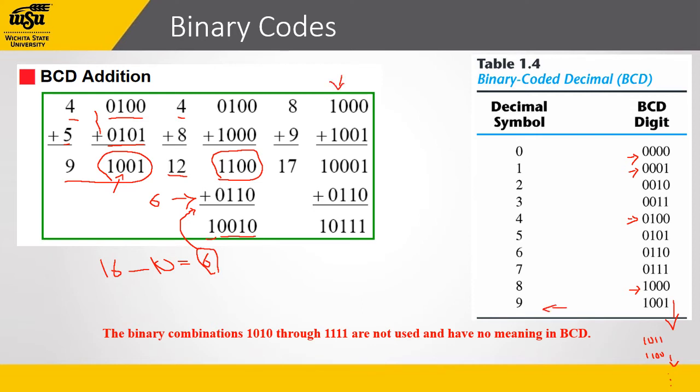For the third example, we add 8 and 9 together, we get 17. So we have to make it a valid BCD digit. We add 6, which is equivalent to 0110, and we get a valid BCD digit 0111 and a carry bit.